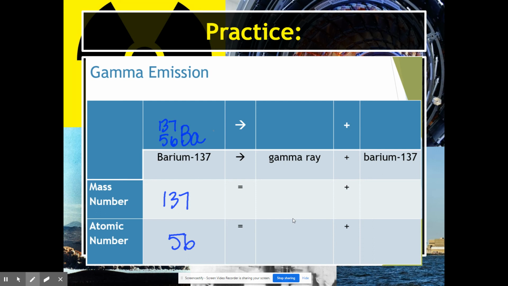We're going to emit a gamma ray, which is often written like an upside down, a very fancy V. It has no mass number and no atomic number, so therefore nothing changes. We're still left with 137 as our mass and 56 as our atomic number.